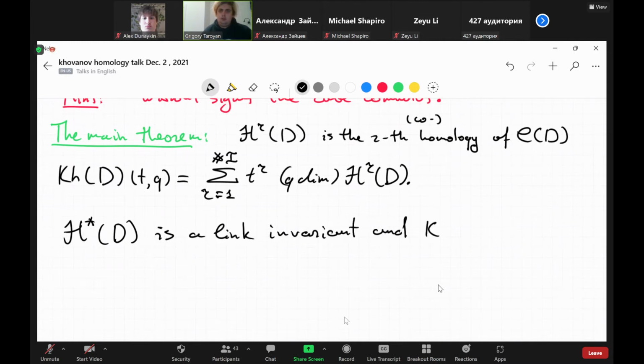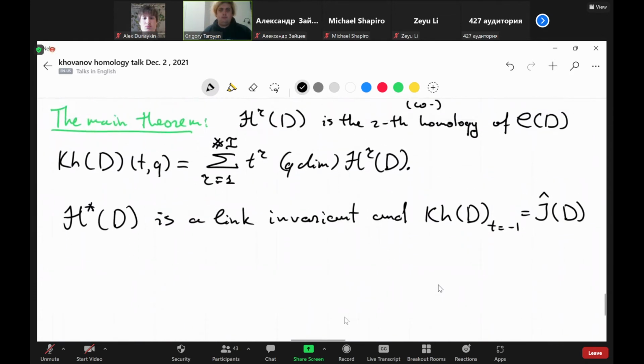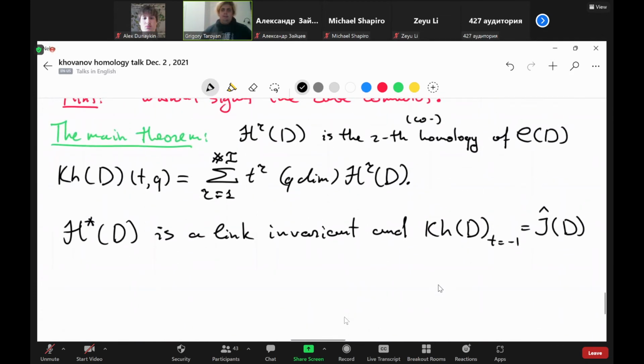And one of its specializations is the Jones polynomial at t equal -1. So after proving that it is in fact a link invariant, it is straightforward to verify this equality.